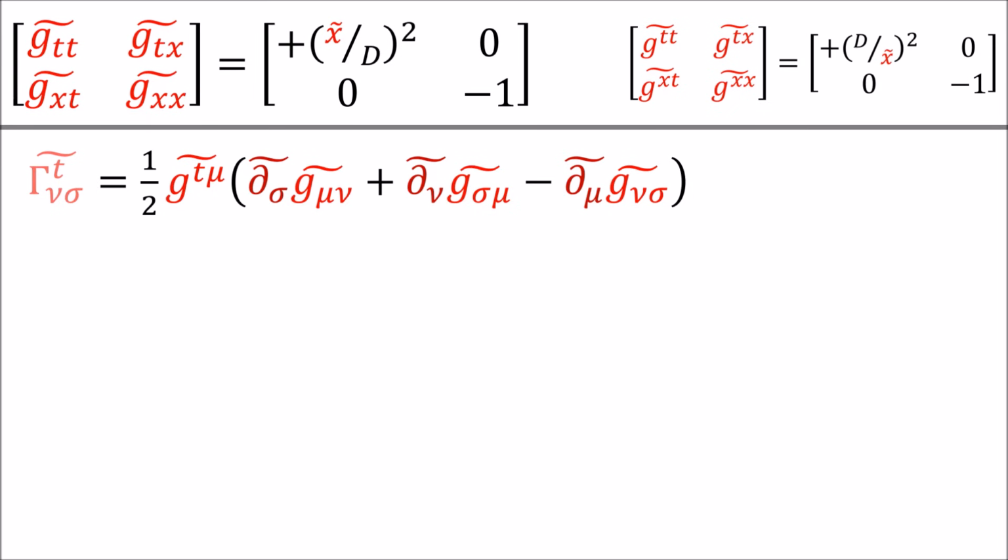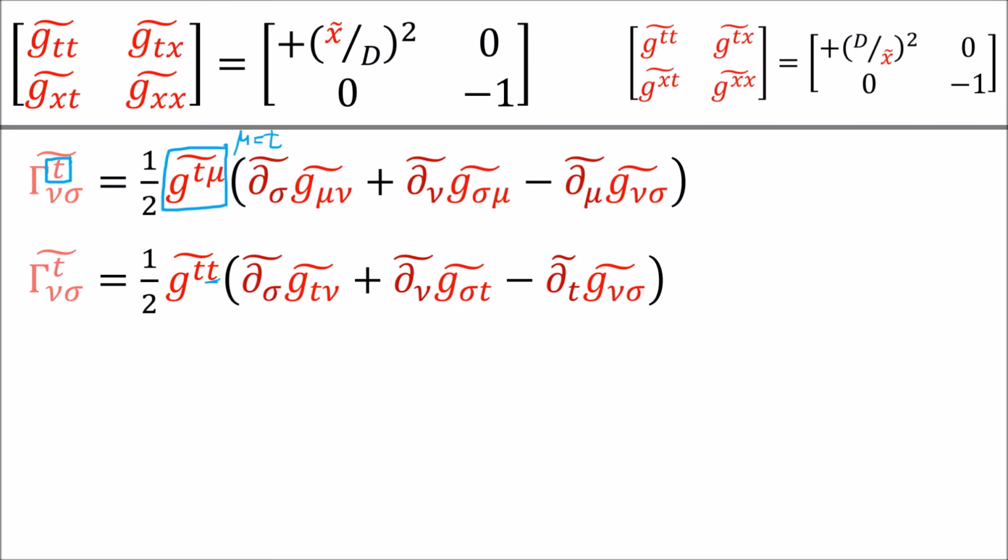Now let's look at the alpha equals t case. The only way the inverse metric is non-zero is if mu equals t as well. So we replace mu with t and ignore the x part of the summation. This third derivative with respect to time goes to 0 right away, since the metric does not depend on t tilde at all.